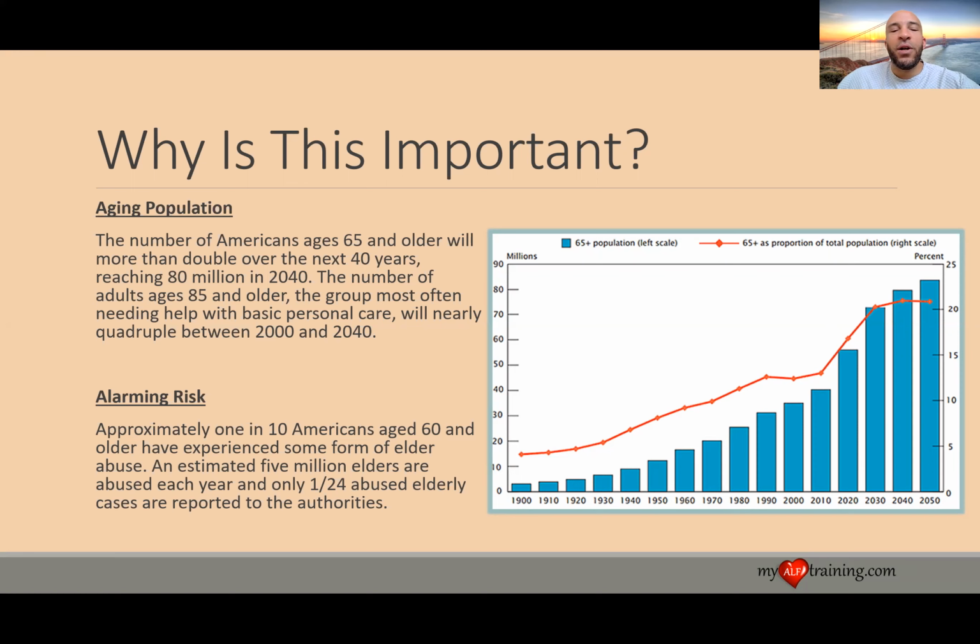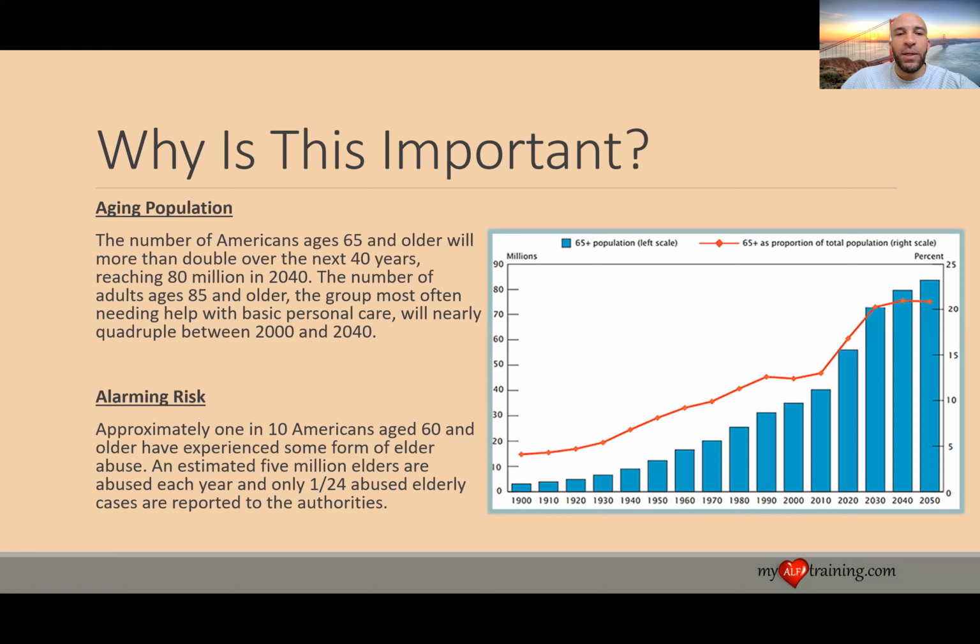As you may have already heard, the baby boomers generation is aging, and it's a vast number of individuals. So that age group is going to introduce a lot of nuances into the healthcare system. The number of Americans aged 65 and older is going to more than double over the next 40 years. So that's huge.